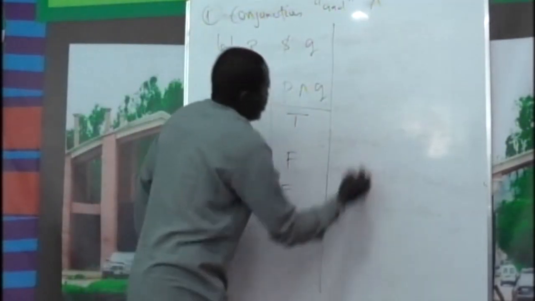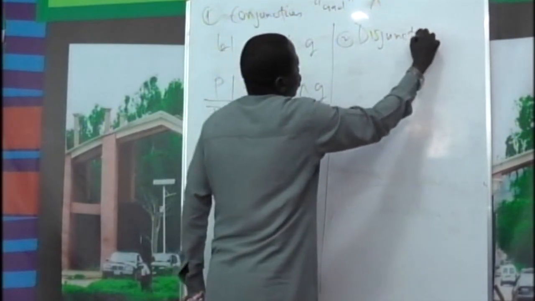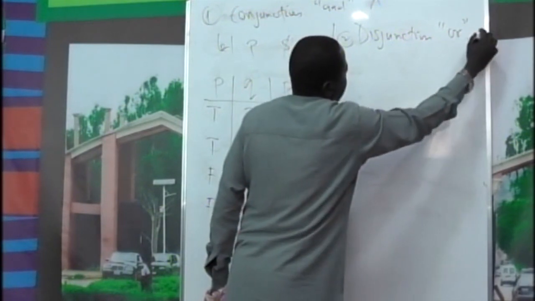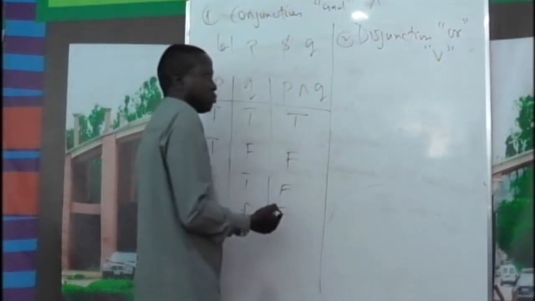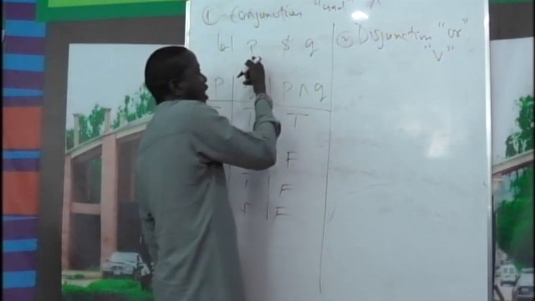Now, number 2, disjunction. Like I said, I have or, and this is the symbol for disjunction. For example, I am still referring to this statement.